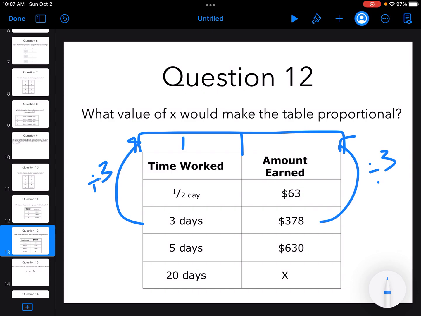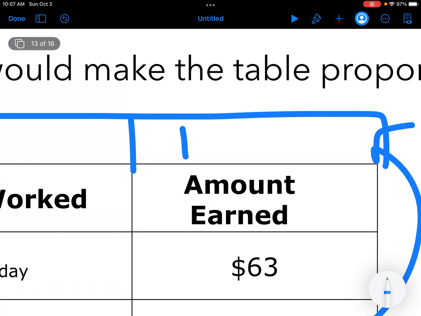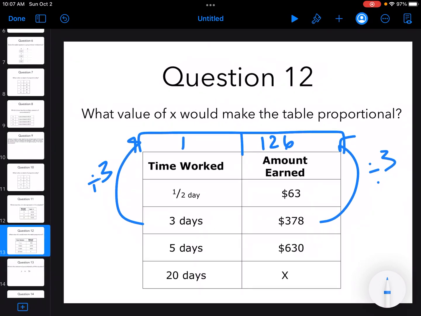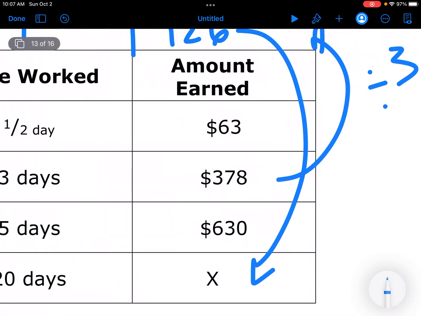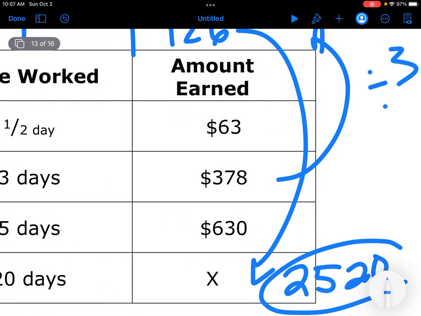So 378 divided by 3, I get 126. So I know 126 is the cost for 1 day. So if I multiply by 20 days, I'm going to get 2,520.